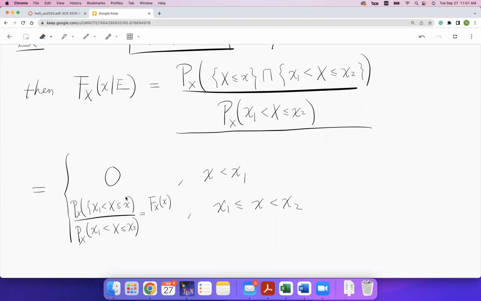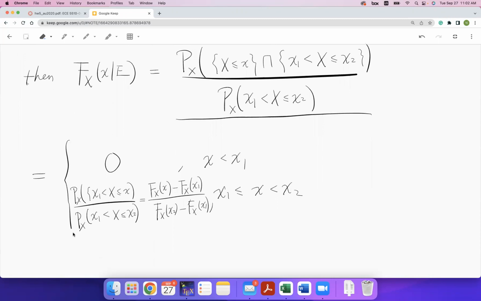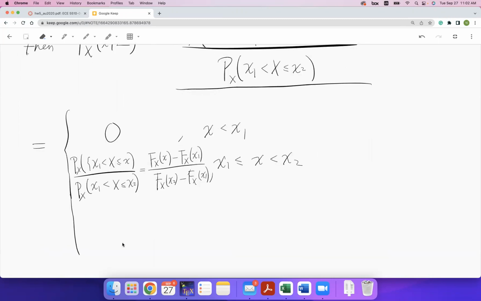So it's the CDF at the right ending point minus the CDF at the left ending point. This is the numerator. The denominator is the same thing. Okay, so this is the second case.